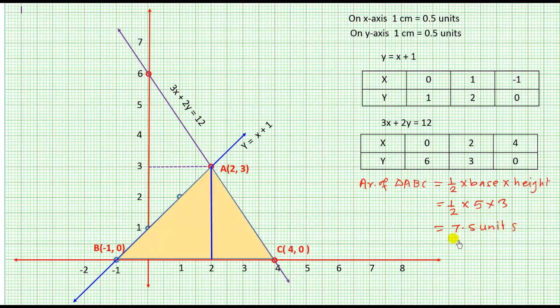Therefore the required area of triangle ABC is 7.5 square units and the required coordinates of the triangle are A 2, 3, B -1, 0 and C 4, 0.